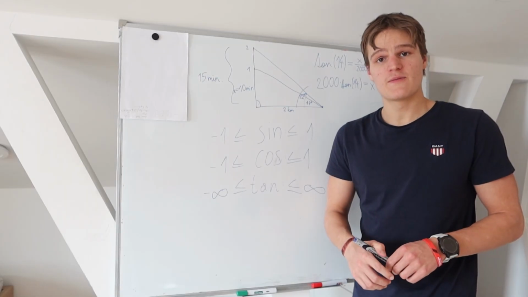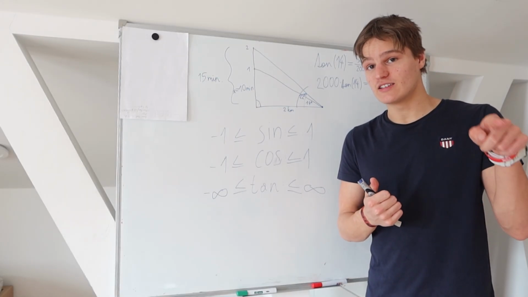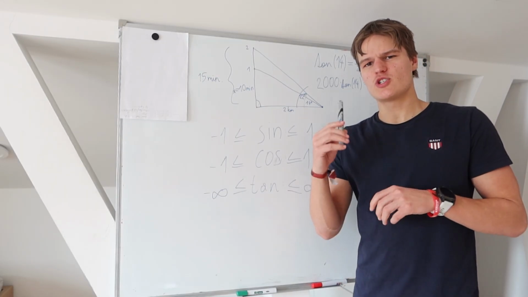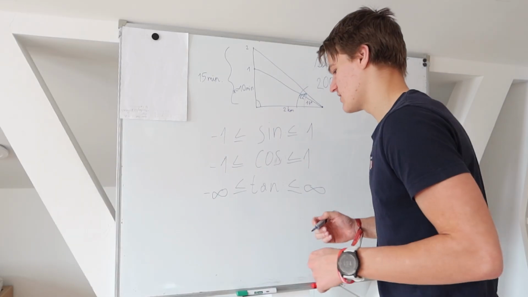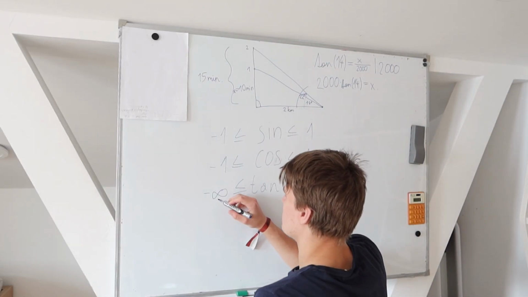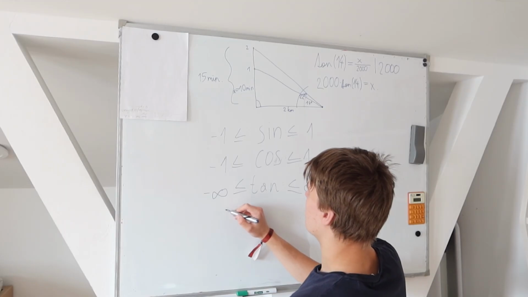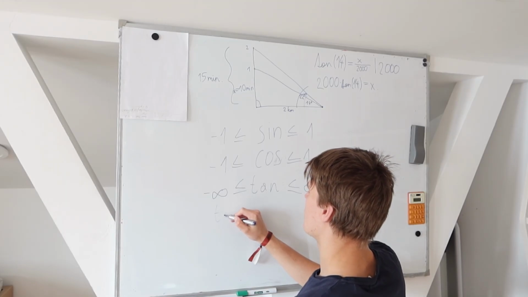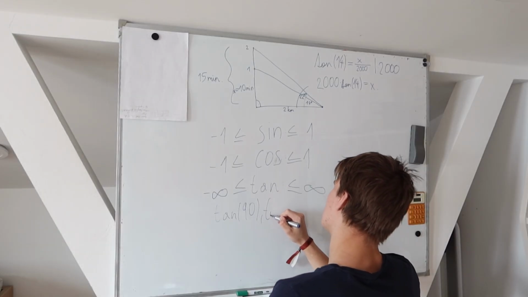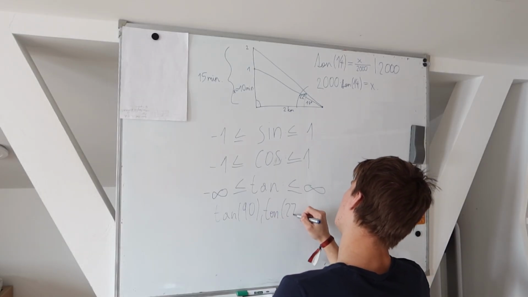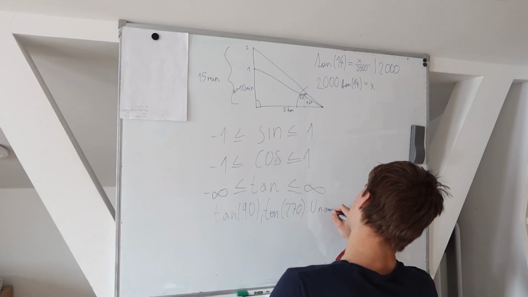But remember guys, tangent of 90 degrees, and not only of 90 degrees, but which angle also makes the tangent undefined? That is 270 degrees. So I'm just going to put down here: tan of 90 and tan of 270 are undefined.